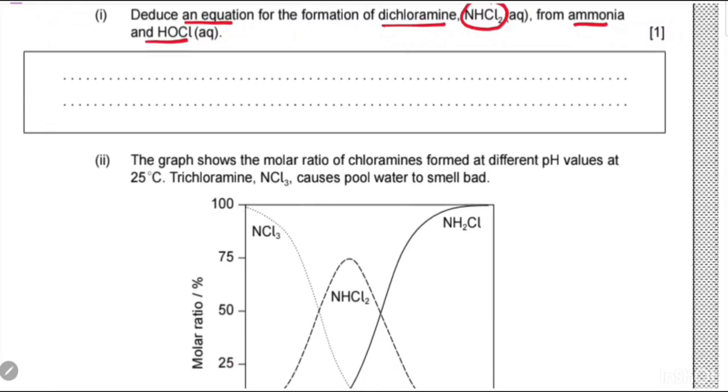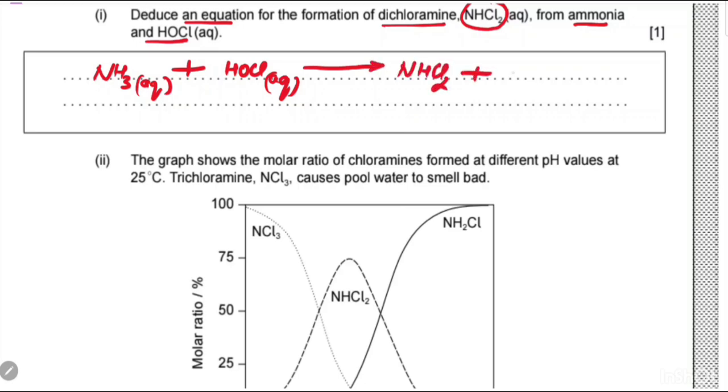The equation will be ammonia NH3. Whenever we are writing an equation, we have to write the states. NH3 aqueous reacts with HOCl aqueous to form dichloramine, which is the main product, NHCl2. Along with this, water will also be formed, which will be the byproduct. NHCl2 state is aqueous again, and water will be liquid.